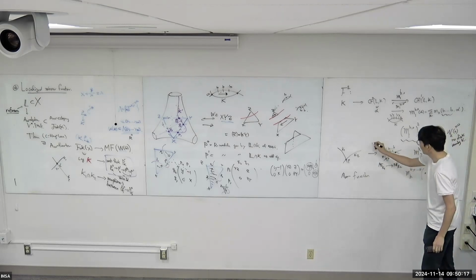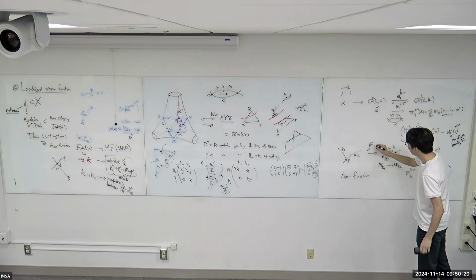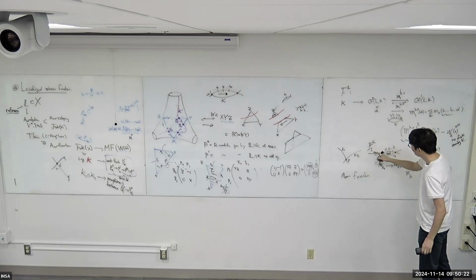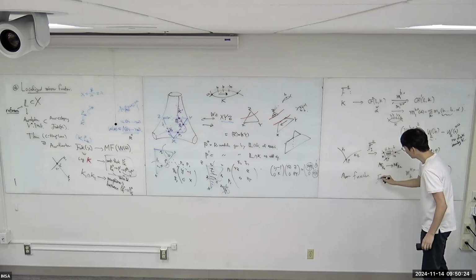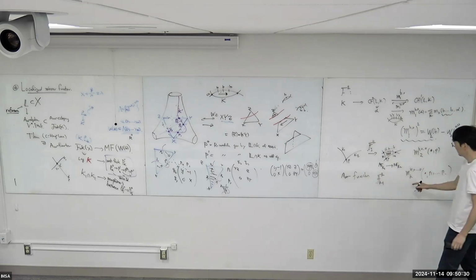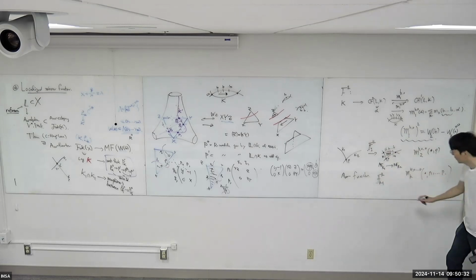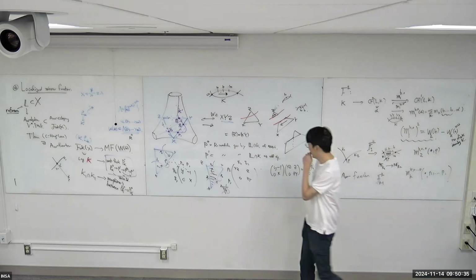So that's the first morphism-level functor. The A-infinity functor has many higher homotopies, and it uses M_k. And this is an A-infinity functor.